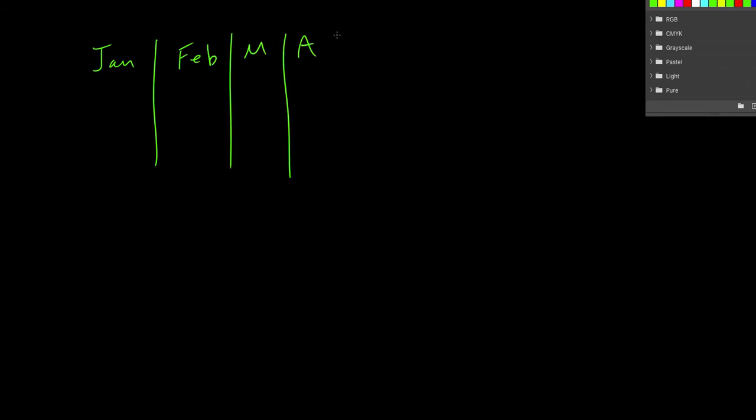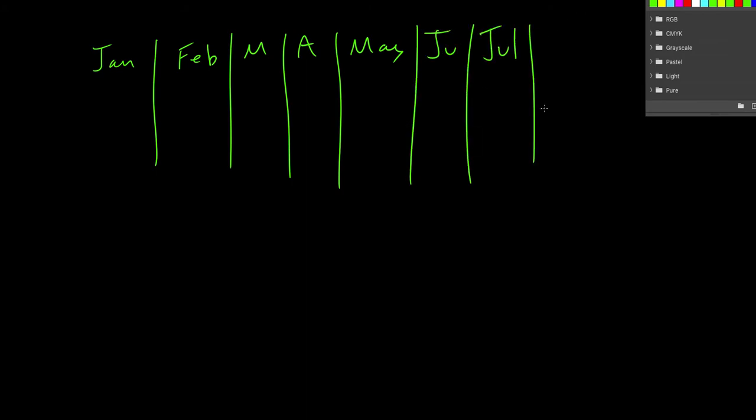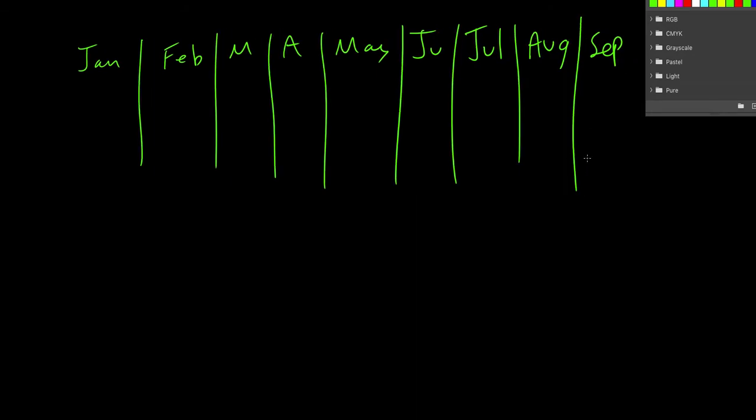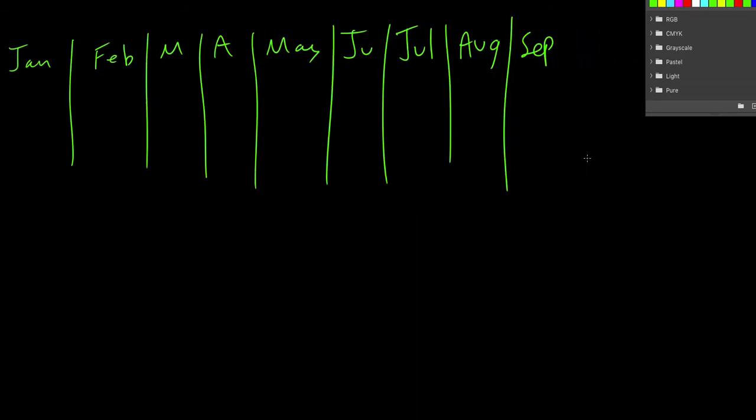All right, so I think I'm going to have you just look in your book at this one, because maybe not. Maybe I'll write them out. So we got January, February, March, April, May, June, July, August, September, October.